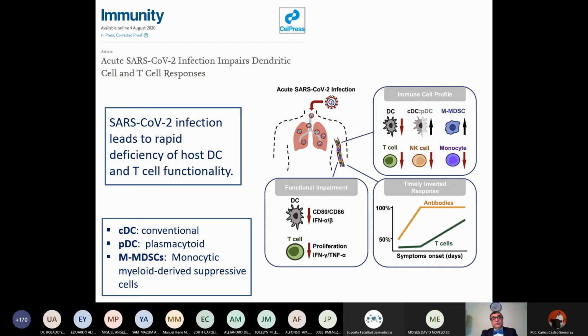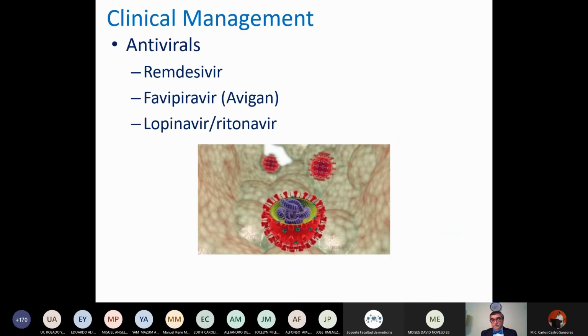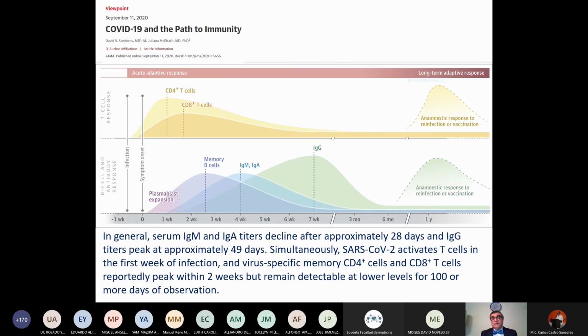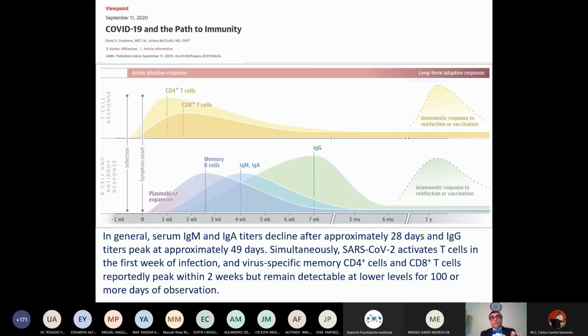Their hypothesis was that this viral infection leads to rapid deficiency of these cells and T cell functionality. We haven't seen that in the previous studies, so these results are a little bit different from the previous ones.